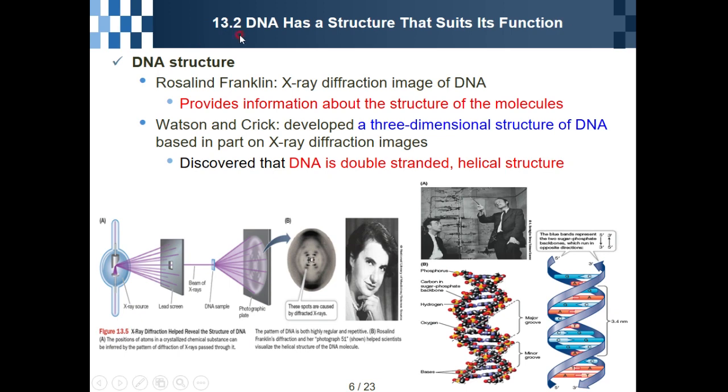Okay, and let me go to the second subject. DNA has a structure that suits its function. This is the DNA structure. We know that Watson and Crick proposed the double helix like this, but actually 90% of the experiment was done by Rosalind Franklin.